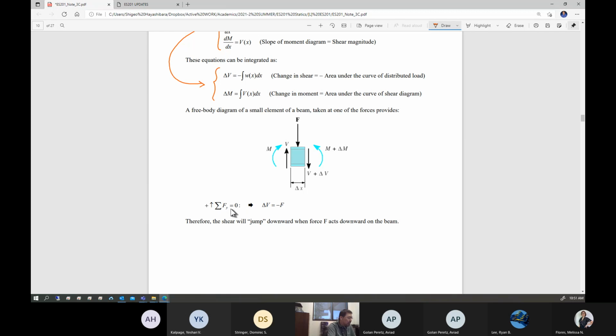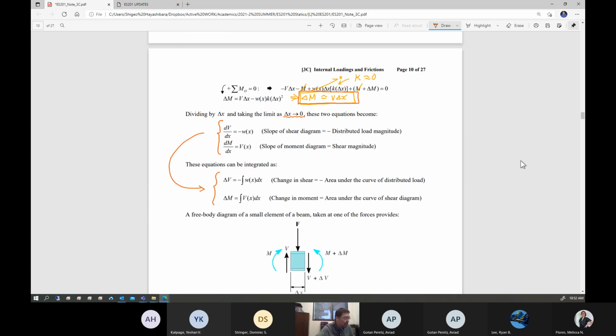Let's do the summation of forces in the y direction. You are going to get the change of shear is equal to the force. What does that mean? Whenever you apply a point force at any location along the beam's axis, you're going to change the internal shear by the same amount in the negative direction.